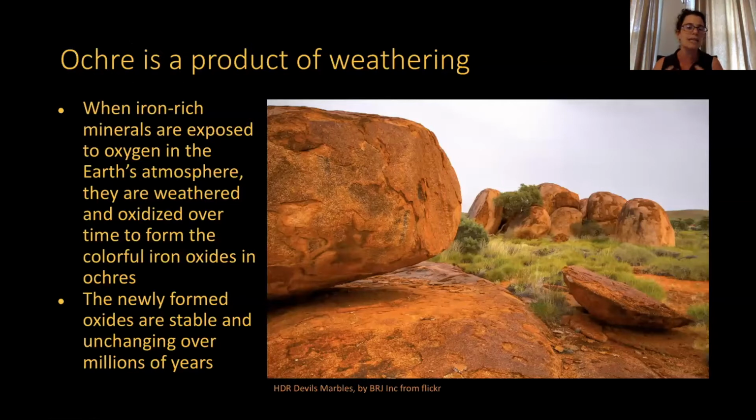Again, essentially it has rusted, and it gives that beautiful orange color to the surface of the rocks. If you were to cut into these rocks, they would look kind of like regular granite on the inside. So these newly formed oxides, because they're already products of weathering, are really stable and unchanging over millions or even billions of years from the time that they're formed.